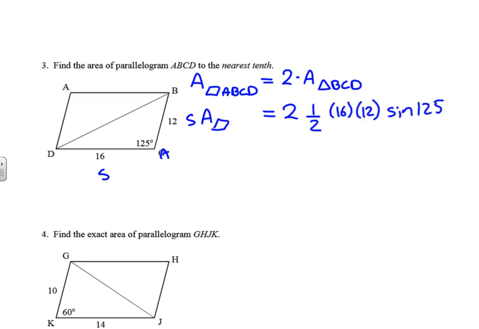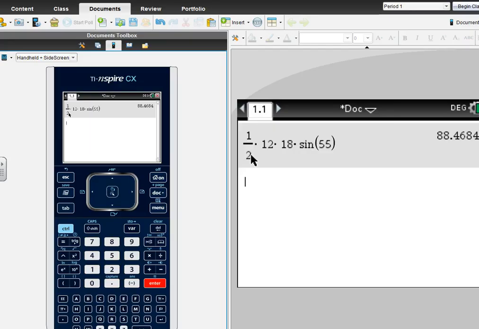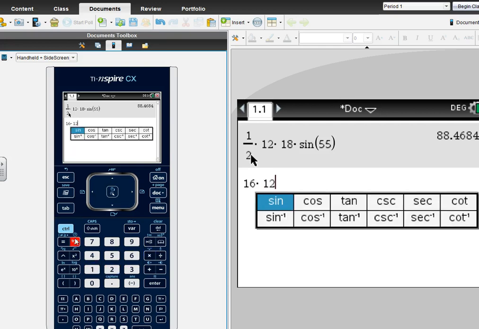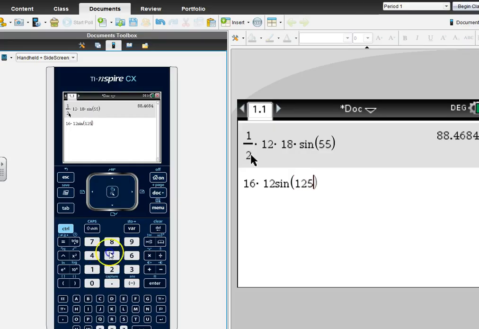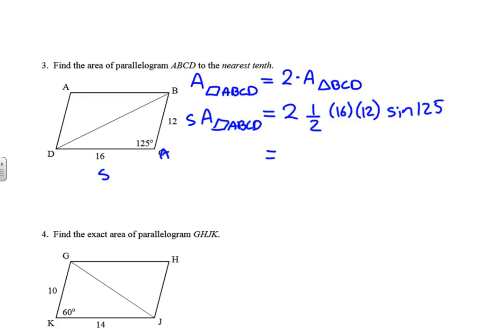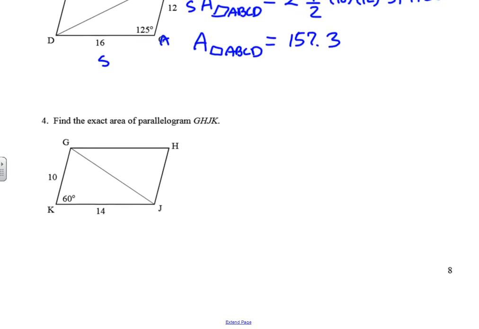The 2 and 1/2 cancel each other out, so it's 16 times 12 times the sine of 125, which is 157.3. That would be the area of parallelogram ABCD. Again, we're just doubling the triangle.